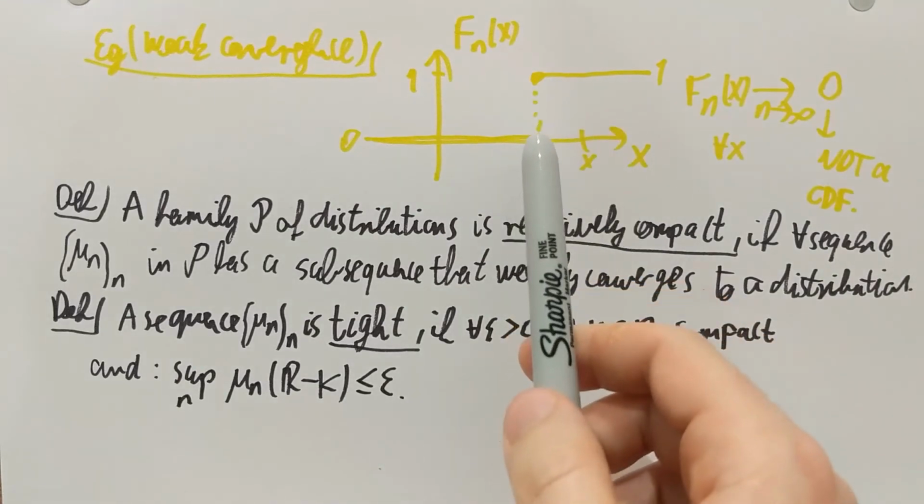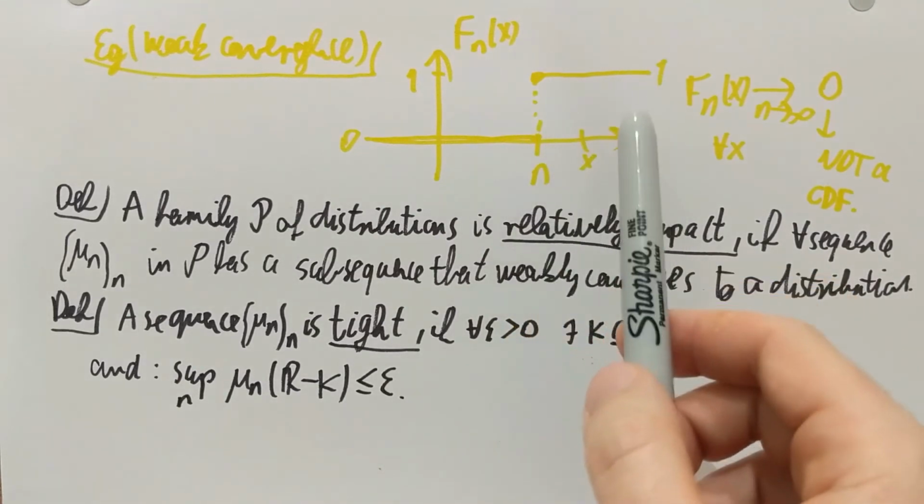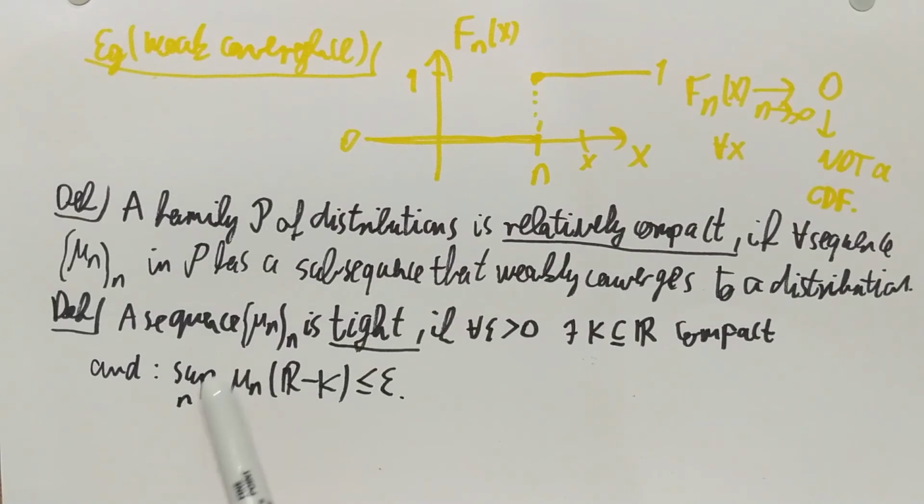Now again notice that this example is not tight. In this example the mass is 1 at n. So what is this statement about? Take any small epsilon, then you can find a compact, in other words, closed and bounded set. Bounded is the most important statement here. So a bounded set such that the weight outside your bounded set is uniformly smaller than epsilon, for every measure.